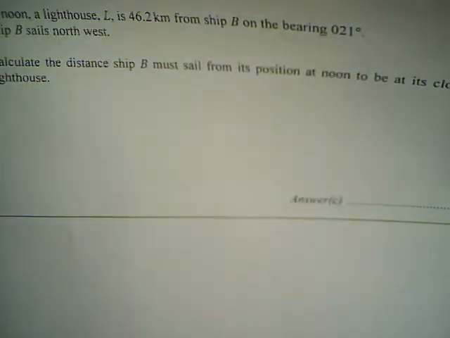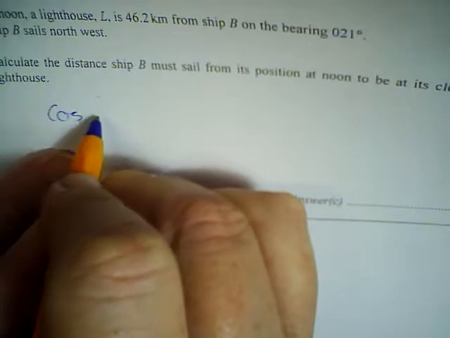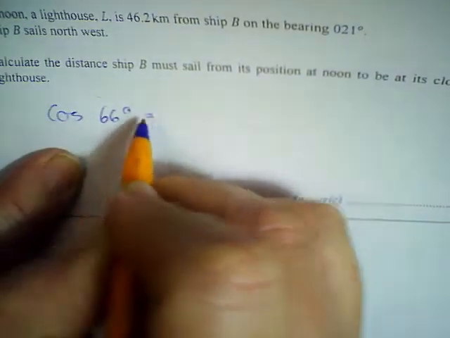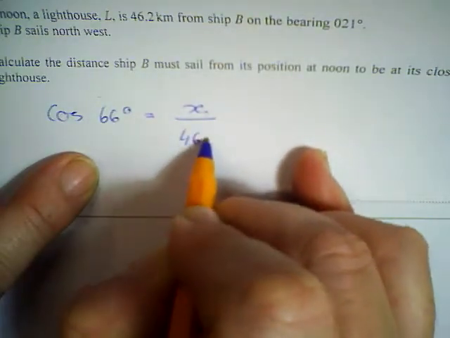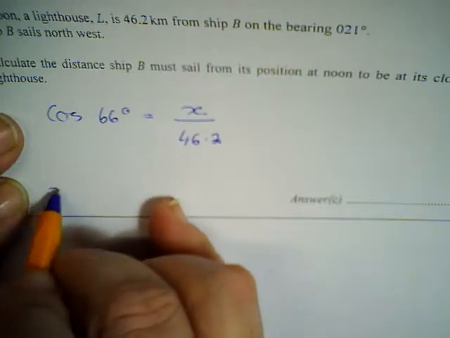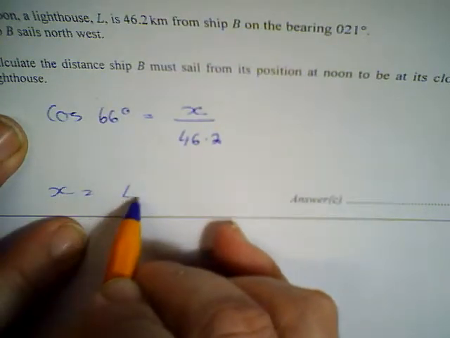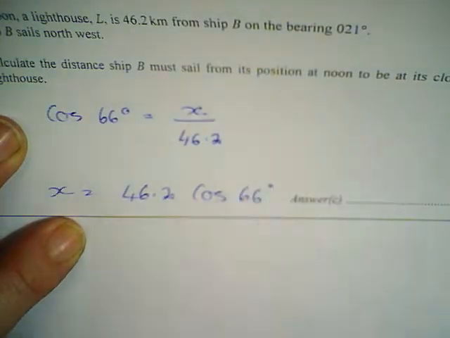So cosine of my angle of 66 degrees equals adjacent x over 46.2. I can multiply on both sides by 46.2 to solve for x. x equals 46.2 cosine 66 degrees.